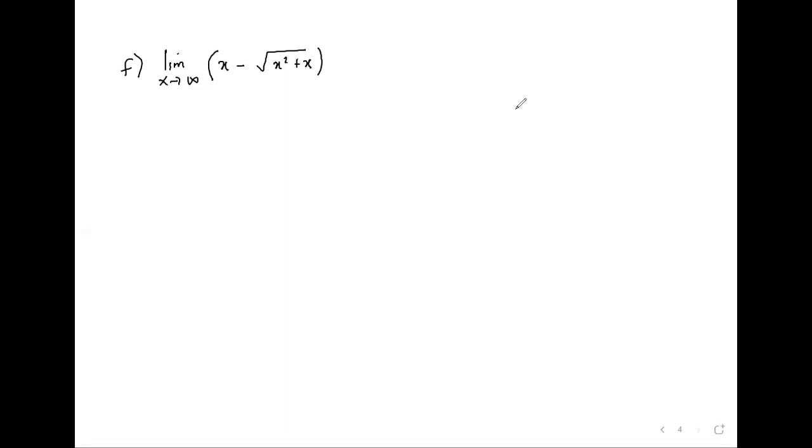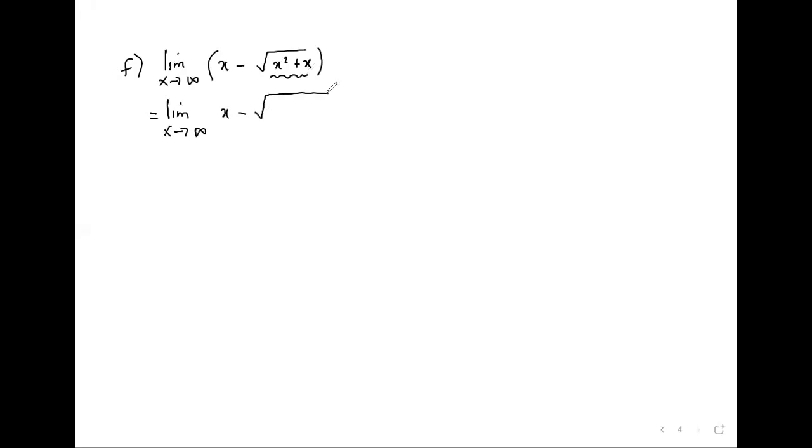So what you do is you say, okay, I need to make it a fraction. So how do we make it a fraction? You say the limit as x goes to infinity of x minus, we can extract an x from here. And how do we pull out that x?